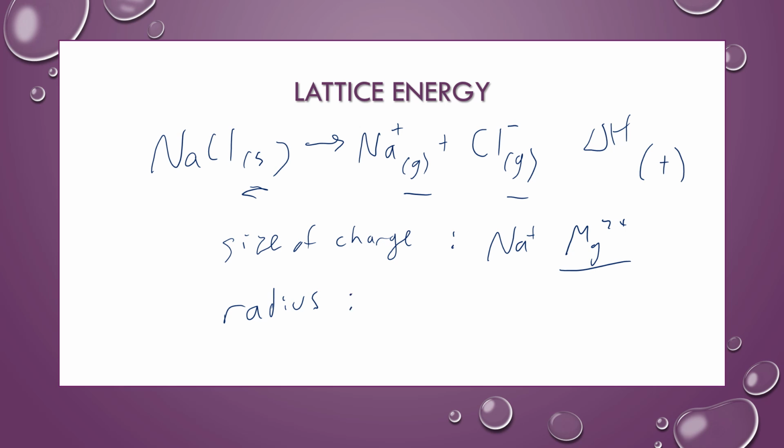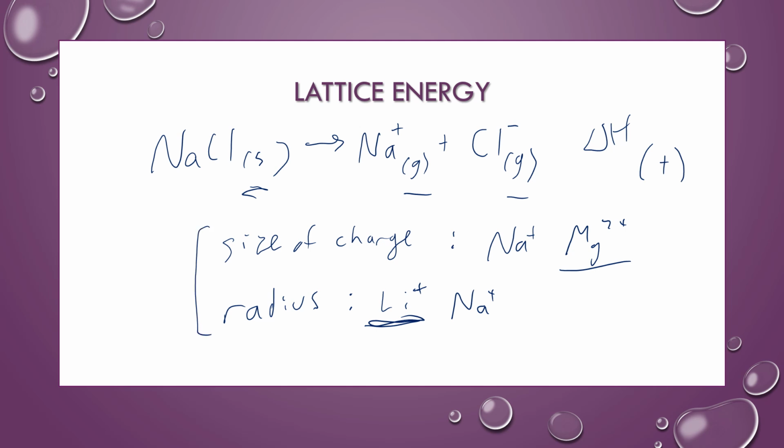So that would be the difference between like a lithium ion and a sodium ion. Lithium ions are smaller than sodium ions. They have fewer energy levels. Because they're smaller, they can get physically closer to the negative ion, whatever it is. And that distance makes it more difficult to split it apart. The further away they are from each other, the easier it is to split it apart.